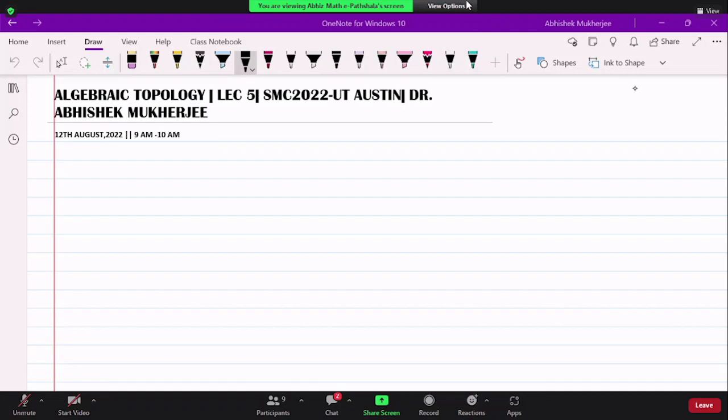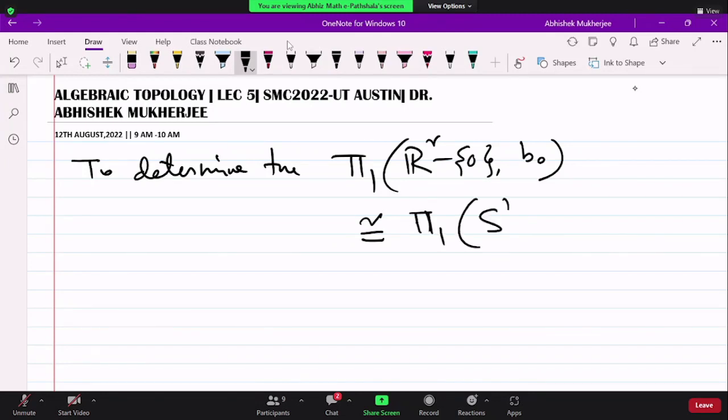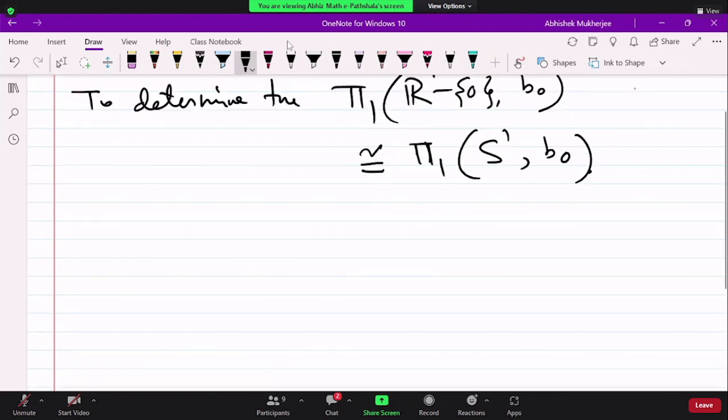So to determine the fundamental group of the punctured plane, as we have already shown that these two groups are isomorphic. We are going to show that these two groups are isomorphic. Okay, but how?